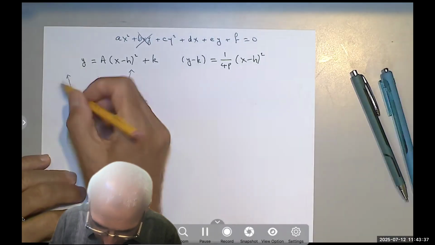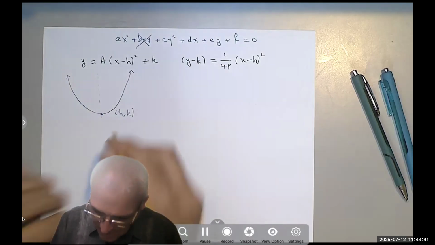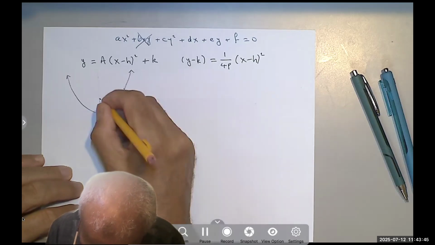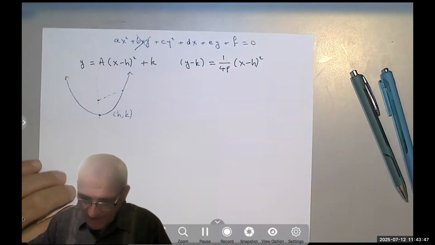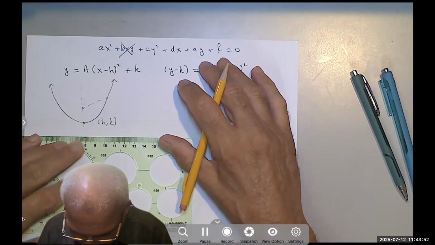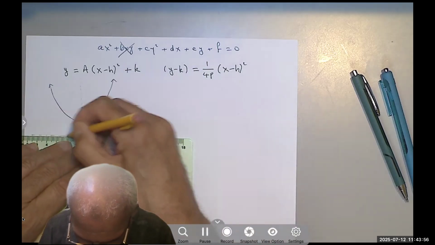Any point on the parabola is equidistant, meaning it has the same distance to a point called the focus and to a line called the directrix.